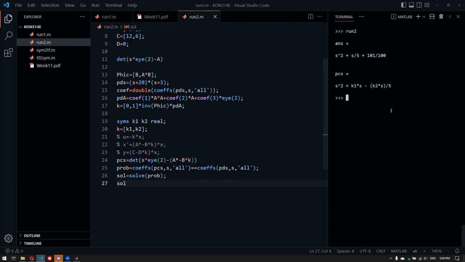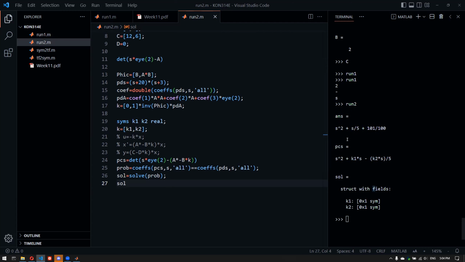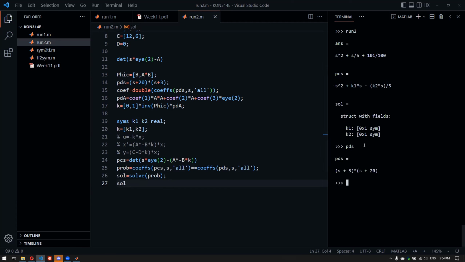Let's look at the solution here. Not run 1, I'm sorry, run 2. Probably we have some extra coefficient here. So PDS, PCS. No, we shouldn't have.